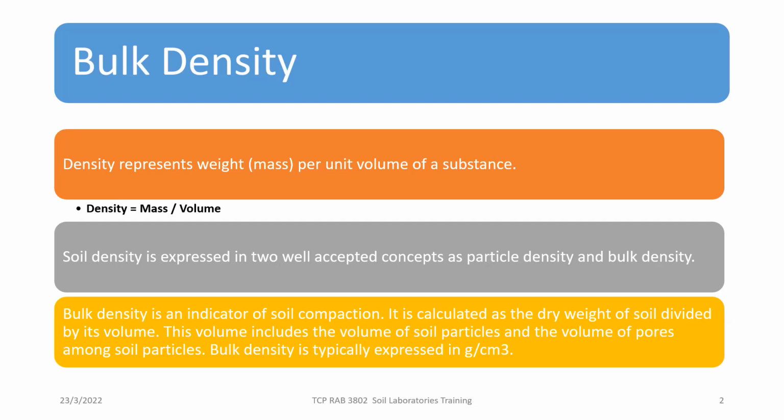This volume, in the case of bulk density, includes the volume of soil particles, the solid part, and the volume of pores among soil particles. Bulk density is typically expressed in gram per cubic centimeter.